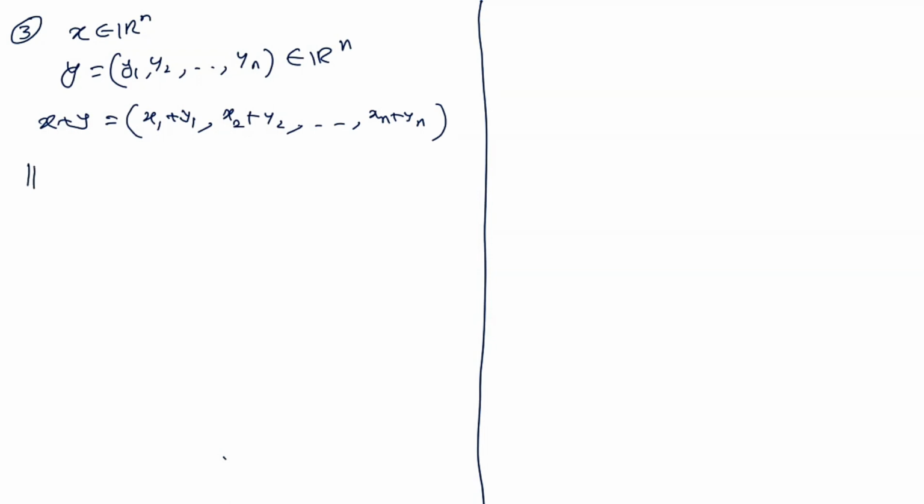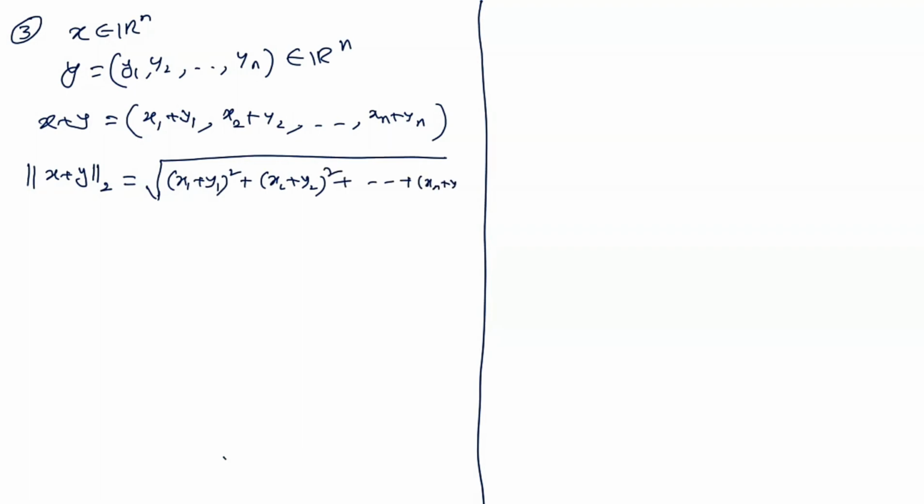So therefore the norm of x plus y is equal to the square root of x1 plus y1 whole square plus x2 plus y2 whole square plus xn plus yn whole square. So this is the definition of the norm of x plus y.